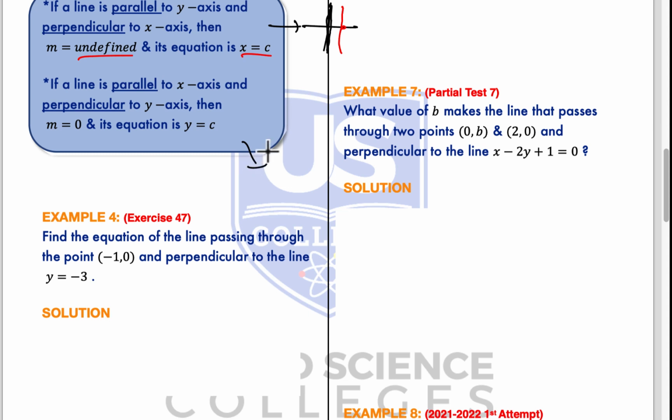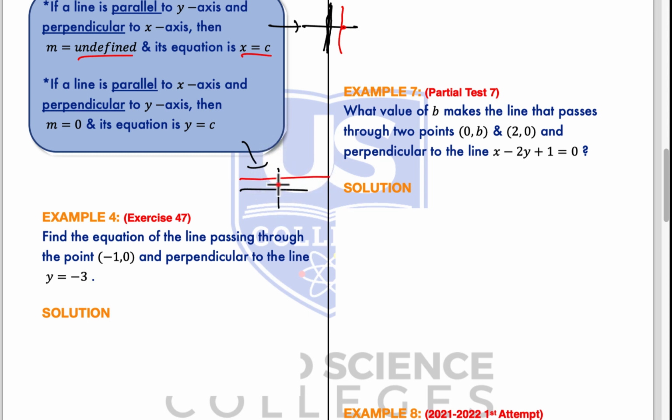Similarly, the questions may also use these words, so you should know what they mean. If a line is parallel to the x-axis, it is the horizontal one. If your line is parallel to the x-axis, like this, or perpendicular to the y-axis, it's horizontal.